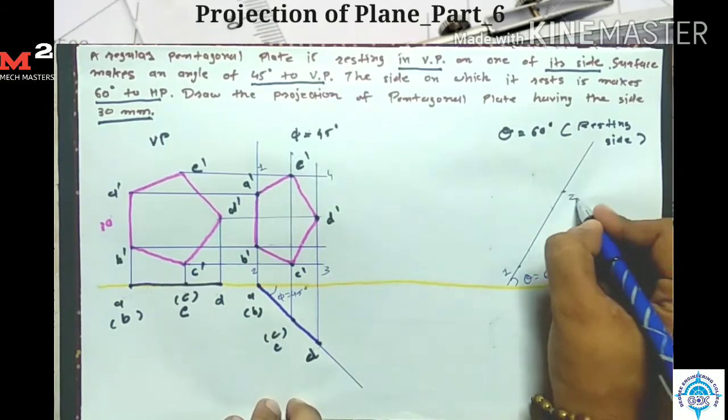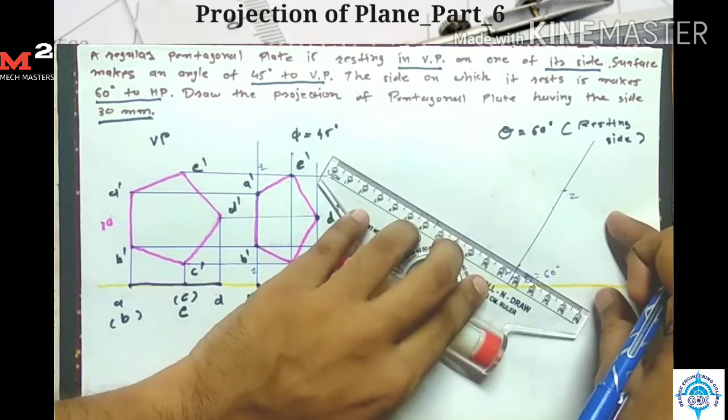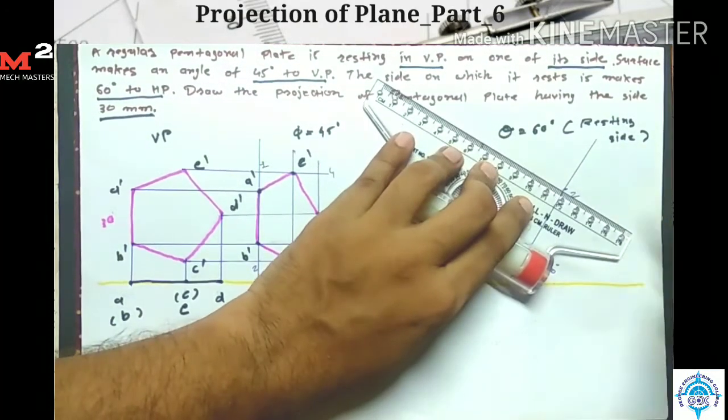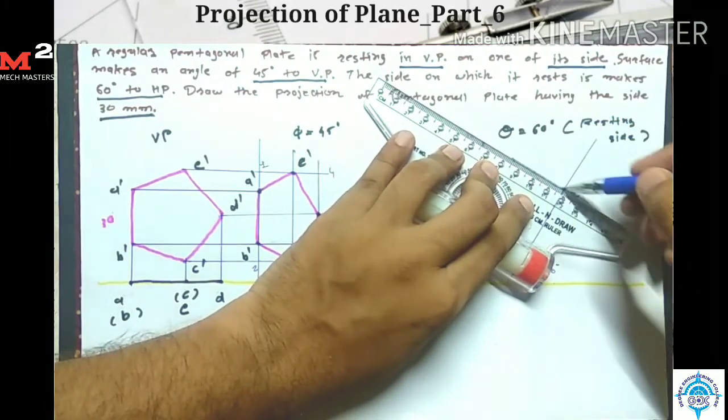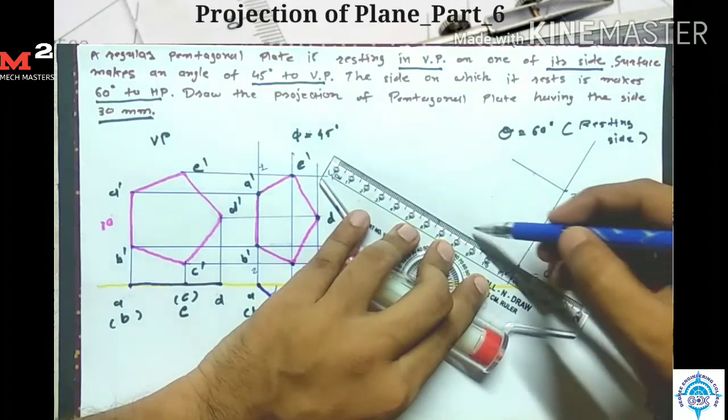1 and 2. Okay, now for getting the other 2 points, I draw two perpendicular lines, one from point 2 and the second from point 1.